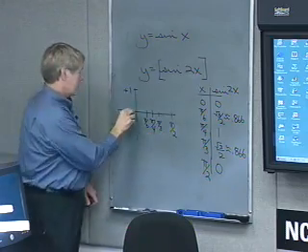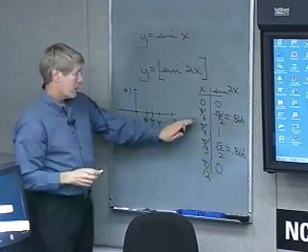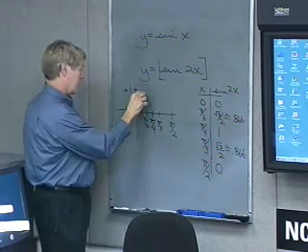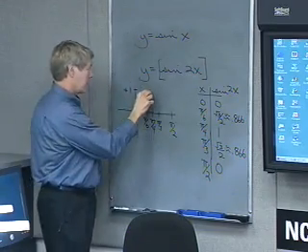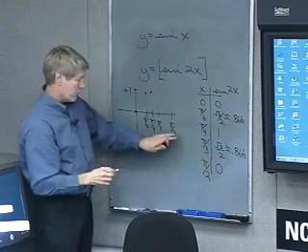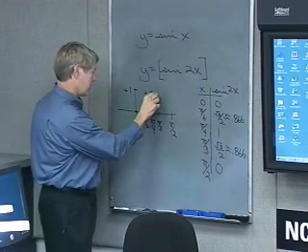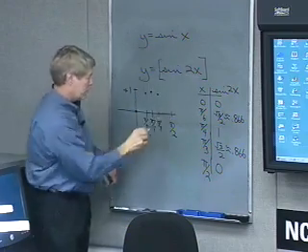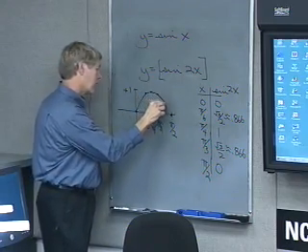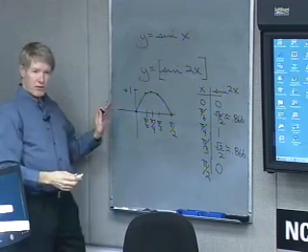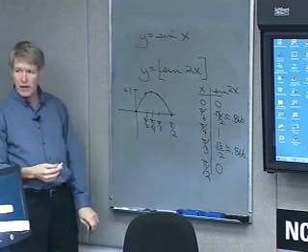Okay, at 0, we're at 0. Pi over 6, we're at this value. Pi over 4, we're at 1. Pi over 3, we're back at that value. And pi over 2, we're back down here to 0. Now that's kind of a typical positive sine wave.